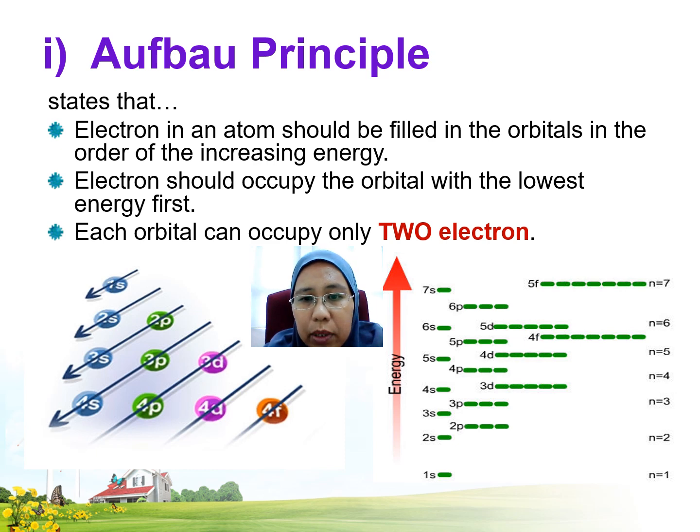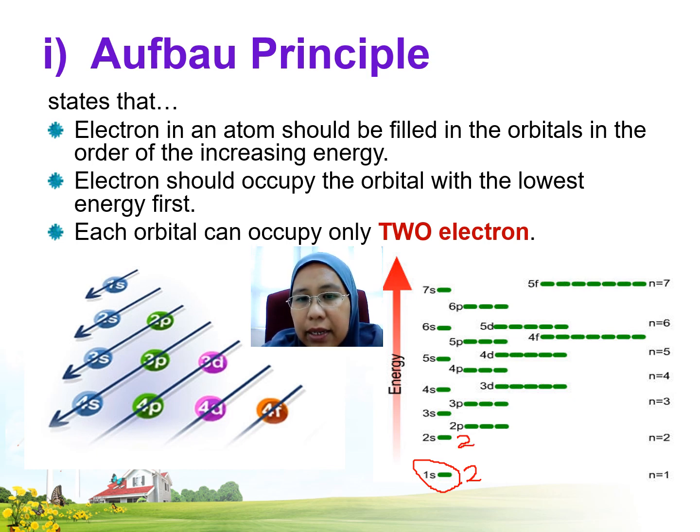For example, the lowest orbital is 1s. For sodium, it has 11 electrons. The first 2 electrons would be situated at 1s. Another 2 electrons would be situated in 2s.